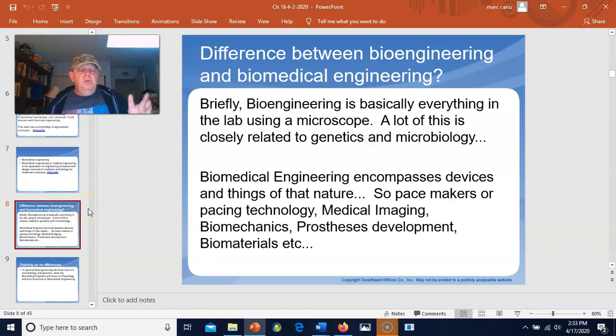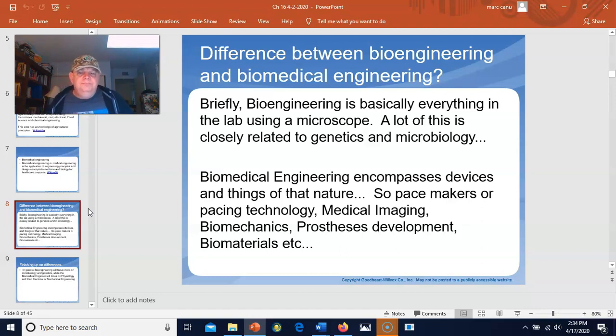Which is also one of the reasons why a person who has a pacemaker doesn't want to be around things that are magnetic, like magnetic resonance imaging, MRIs. They don't want to be near microwave ovens because that can really mess up the pacemaker, and that could cause a heart attack for the person. Could also kill them. Medical imaging, we talked about MRIs, we talked about CT scans.